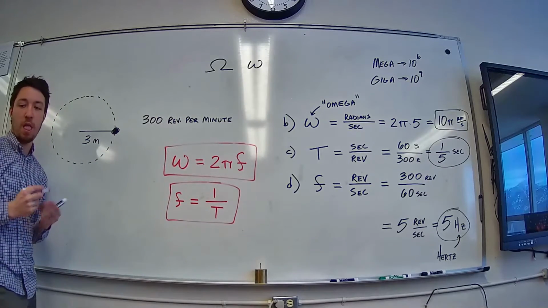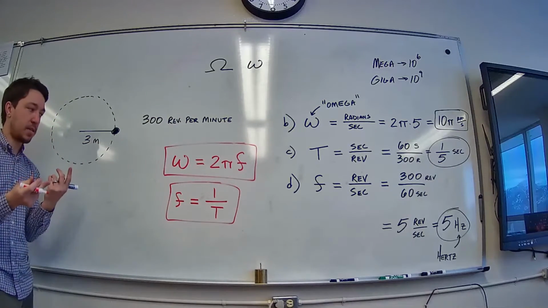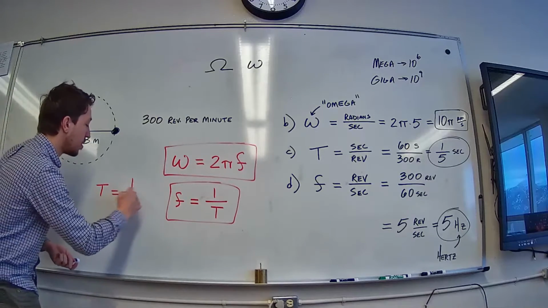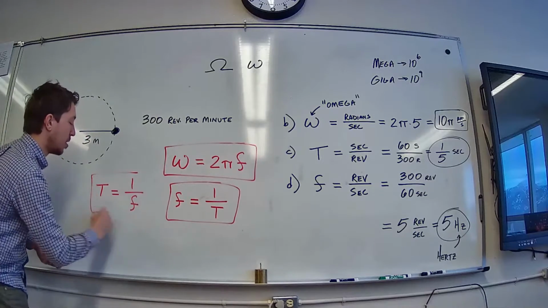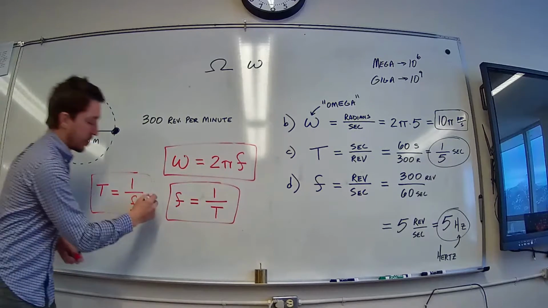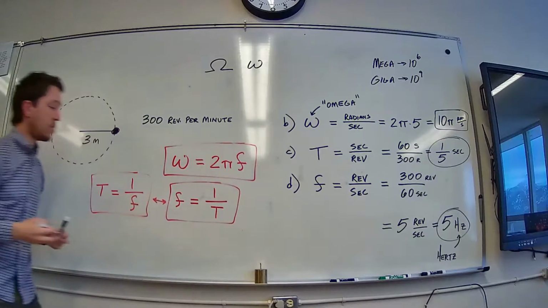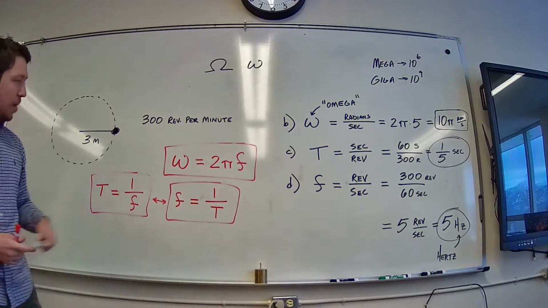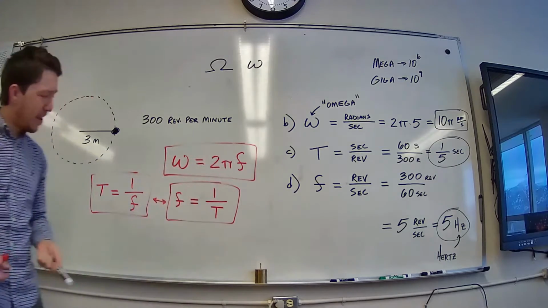Does that make sense? And vice versa. Also, T is equal to 1 over f as well. So now, of course, these are the exact same formula. T and f are reciprocals. Omega is 2 pi times your f.